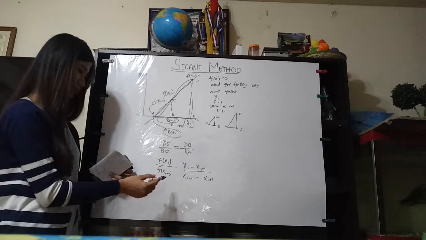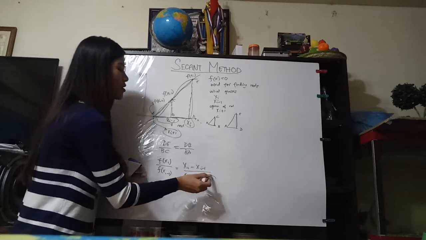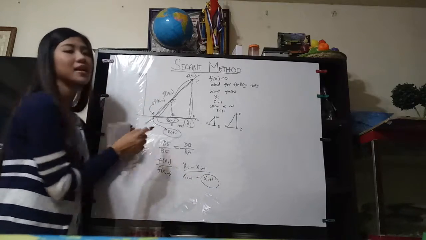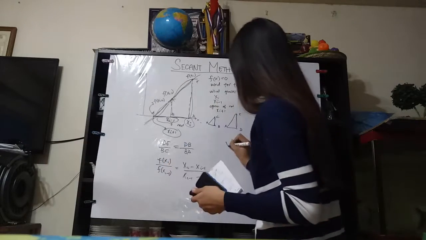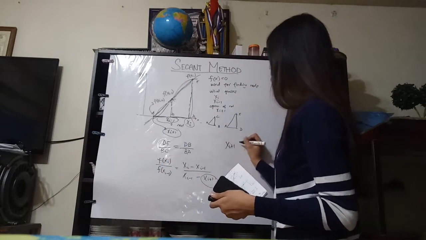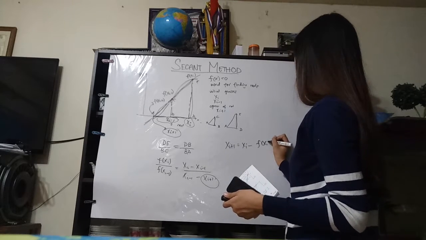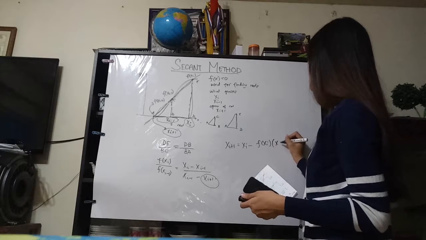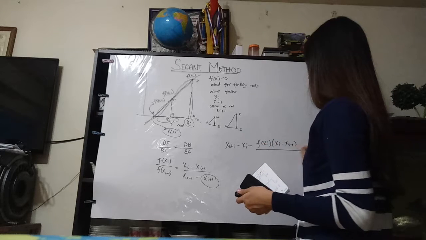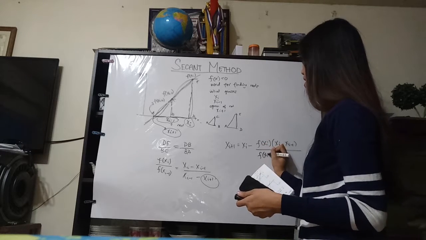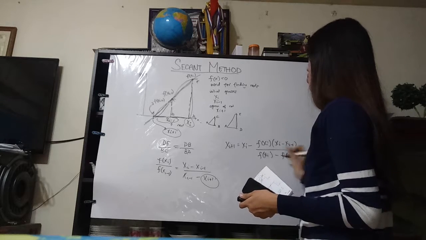By cross multiplication, and isolating this x of I plus 1 because that is our approximation of the root, we get x of I plus 1 equals x of I minus the function of x of I multiplied by x of I minus x of I minus 1 over function of x of I minus f of x of I minus 1.